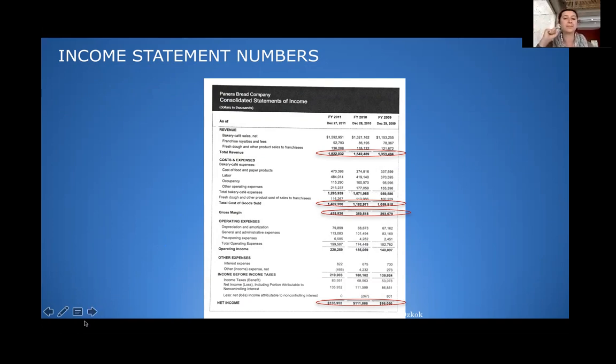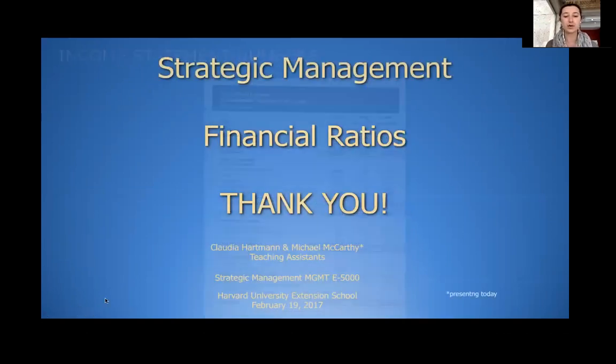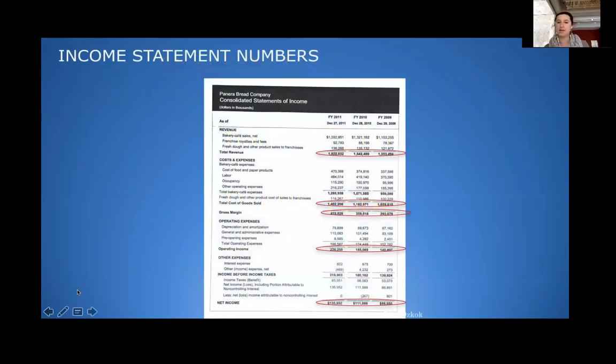The point is to find a way to increase expenses less than the increase in revenues, so that gross margin also increases. And as I said, after gross margin you have operating income, and finally net income. So it's basically this. Thank you.